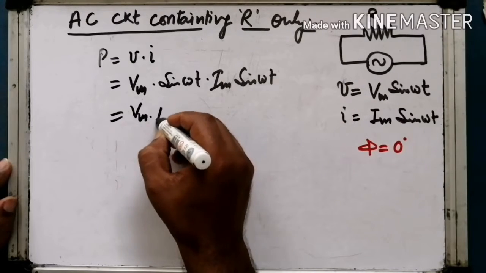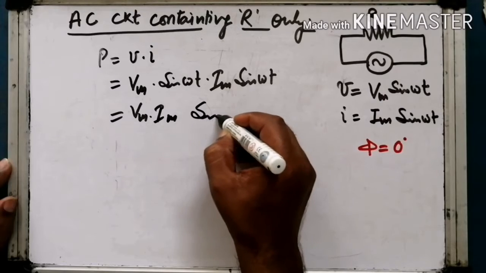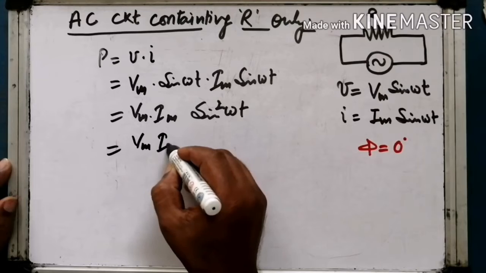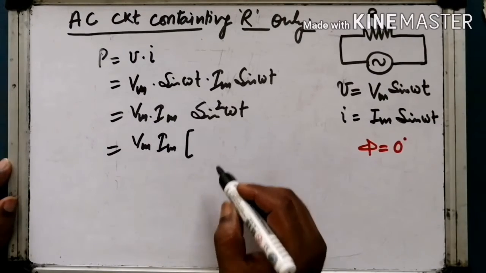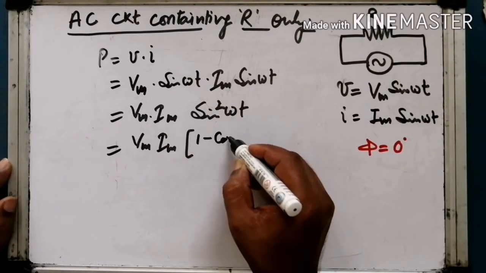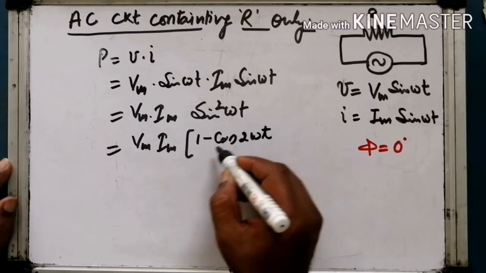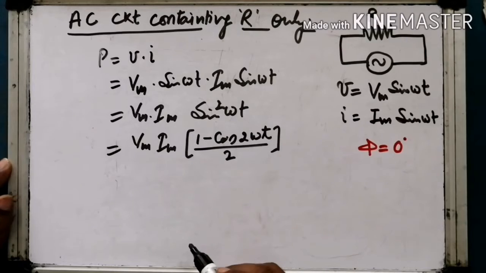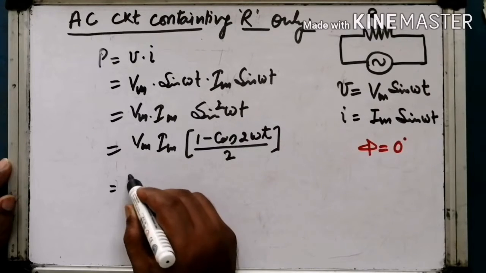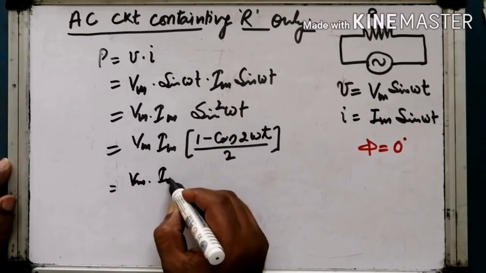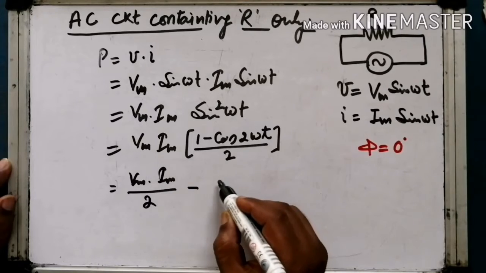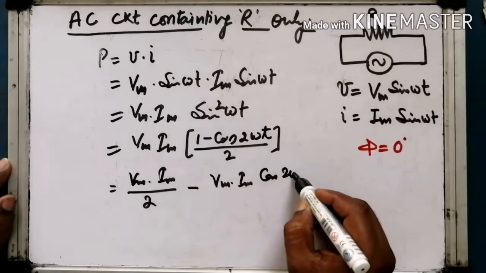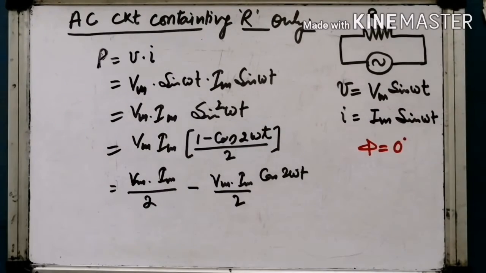It is V maximum I maximum sin square omega t. It is V maximum I maximum into bracket 1 minus cos 2 omega t divided by 2, right? This is the value of sin square omega t. After that it is Vm Im divided by 2 minus Vm Im cos 2 omega t divided by 2.